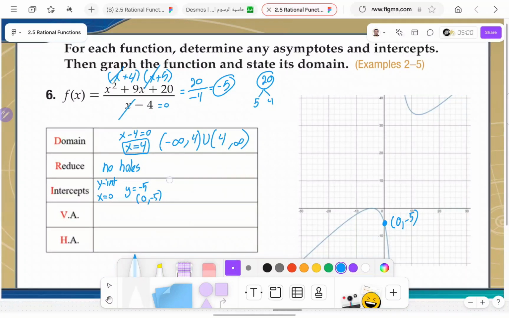Now, how about the x-intercept? To find the x-intercept, we need to set y equals 0. We take the numerator, and because we factored the numerator, it's easy now. So 0: x plus 4 and x plus 5. The first zero is x equals negative 4. The second zero is x equals negative 5.